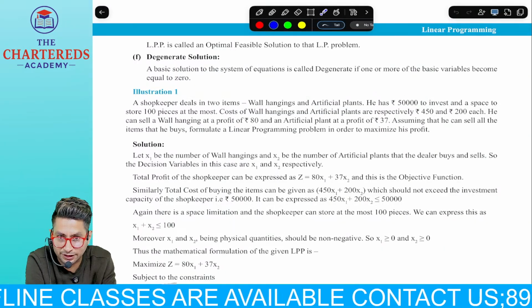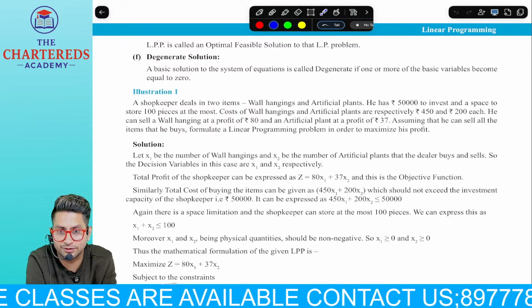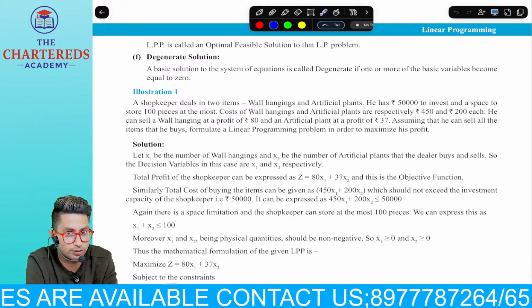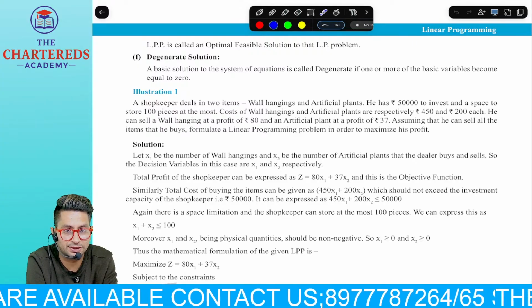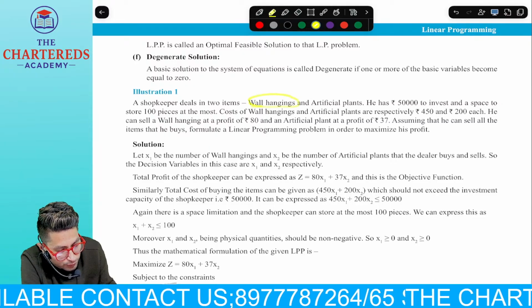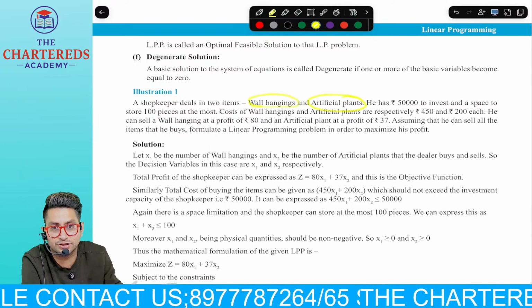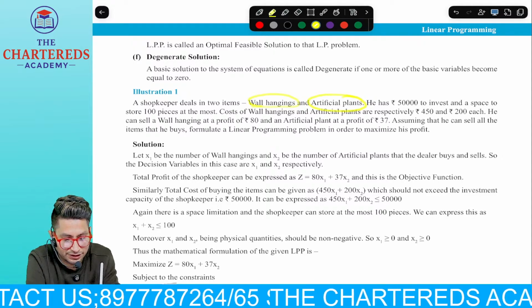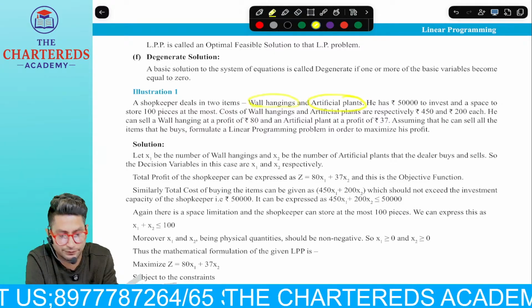These physical quantities, can they be 0 or greater than 0? They can be 0 also, greater than 0 also. But can they be negative? No, right? So I will write these as non-negativity constraints. Any physical unit can never be negative.